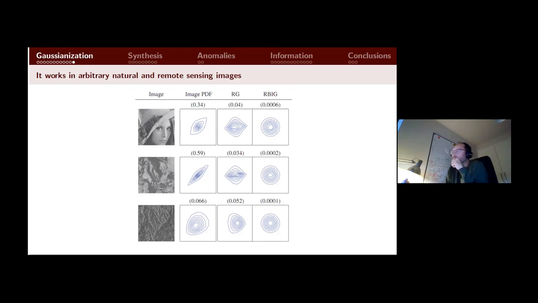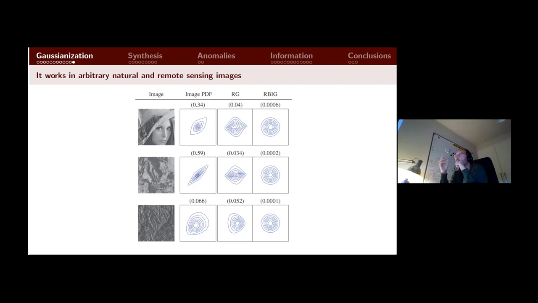And we also tried it with images of different nature: natural photographic images, radar images, multispectral images as well. Here we just took pairs of neighboring pixels, so still we are in a very simplistic 2D setting for visualization purposes.